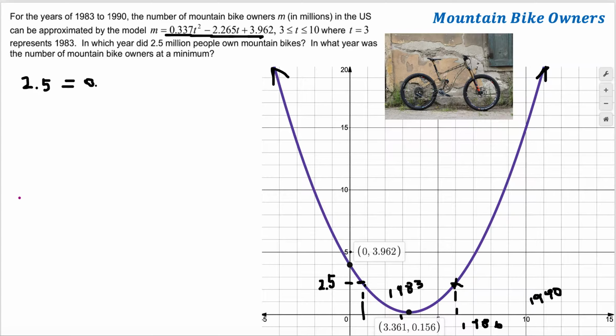So 2.5 is equal to 0.337 t squared, minus 2.265 t, plus 3.962.